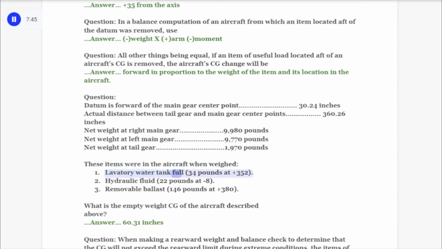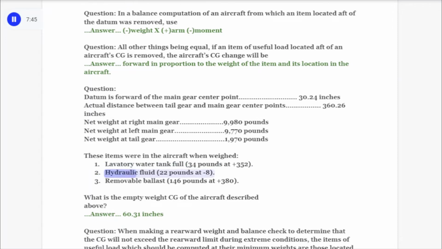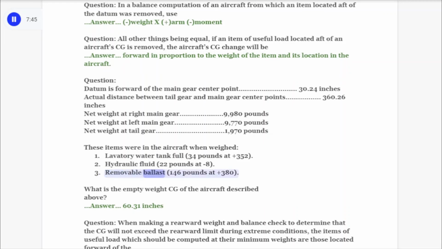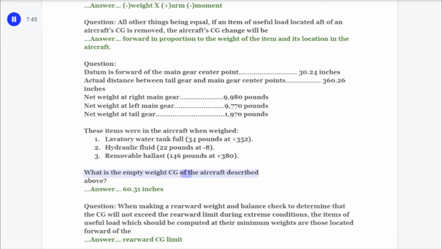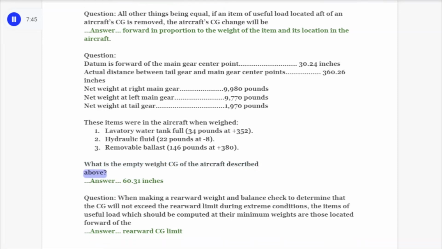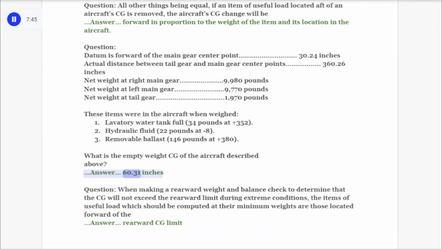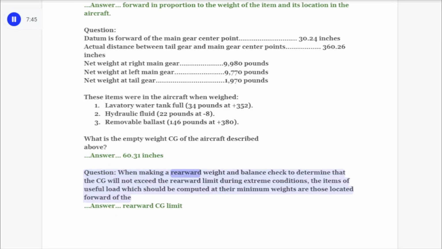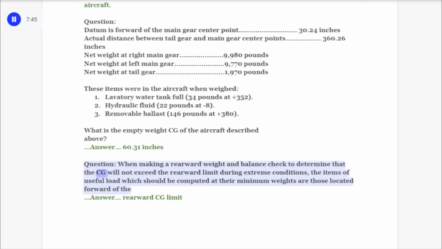Lavatory water tank full, 34 pounds at plus 352. 2. Hydraulic fluid, 22 pounds at minus 8. 3. Removable ballast, 146 pounds at plus 380. What is the empty weight CG of the aircraft described above? Answer. 60.31 inches.